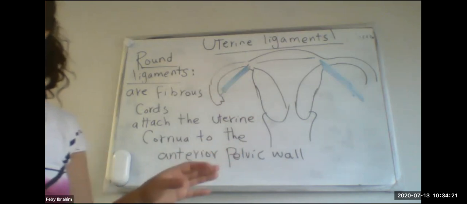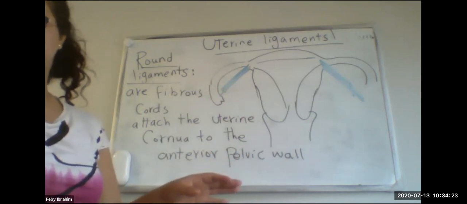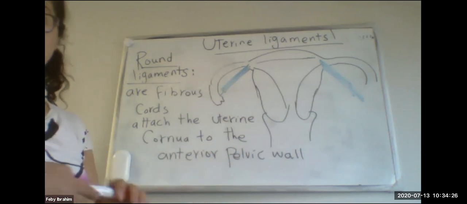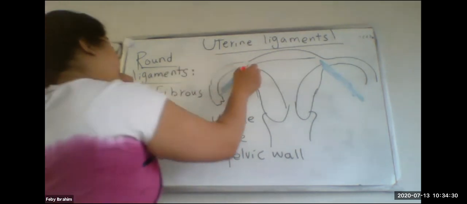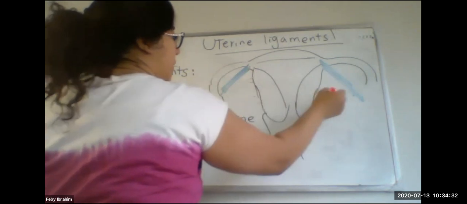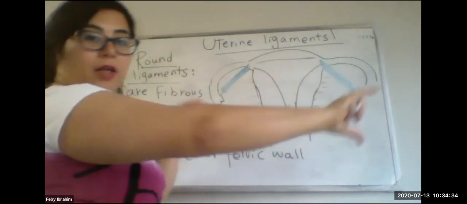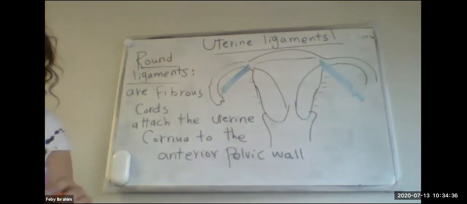So if you remember, we have the broad ligament, and this one is from the lateral side of the uterus to the side wall of the pelvis.